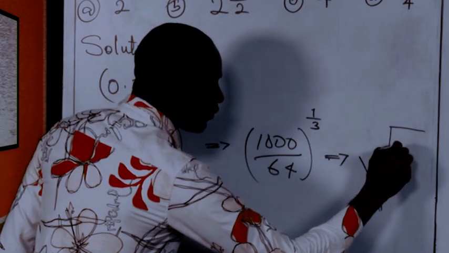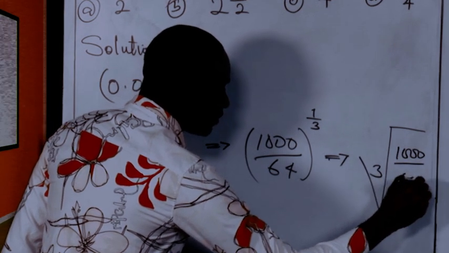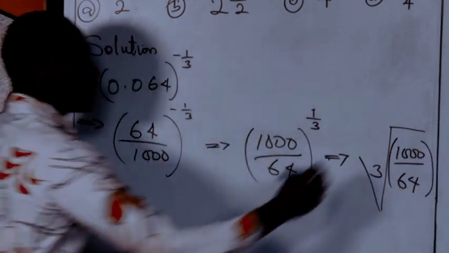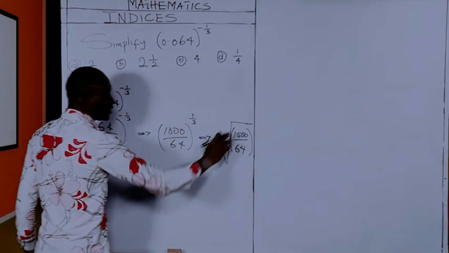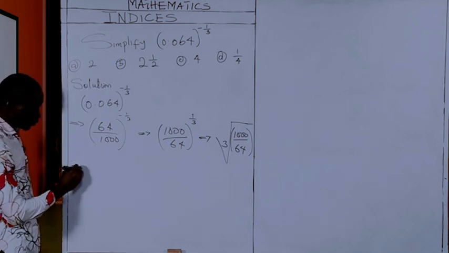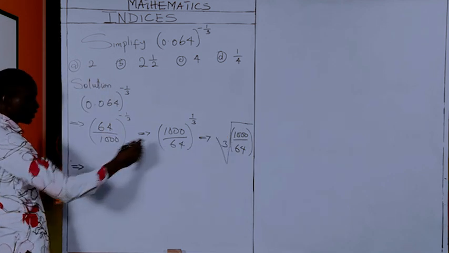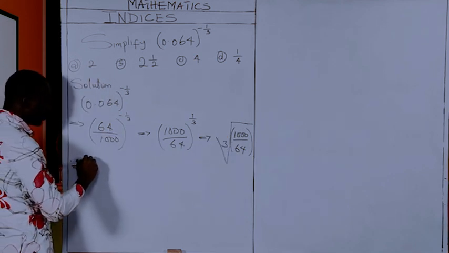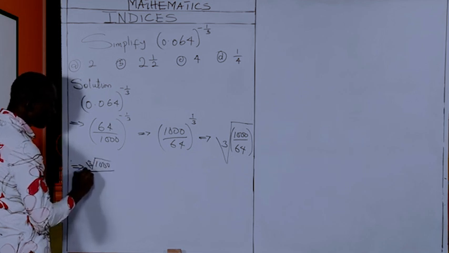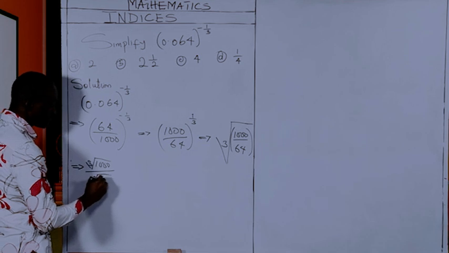So we have the cube root of 1000 over 64. The cube root covers the whole of this fraction. For your better understanding, let me split it. This is the same thing as saying cube root of 1000 over cube root of 64.